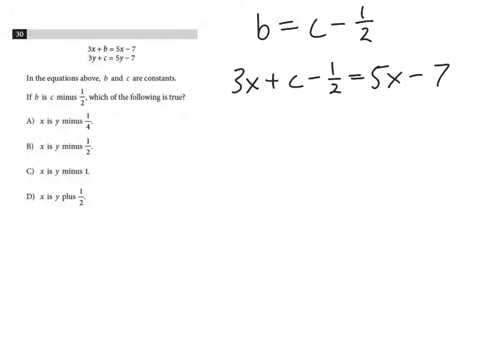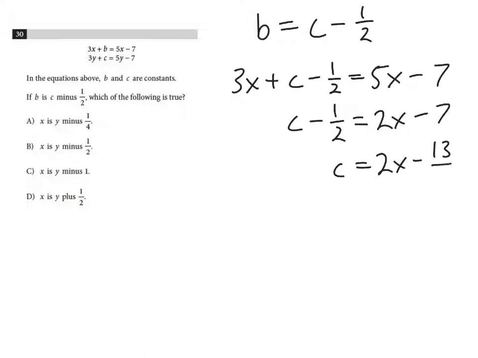I'm going to subtract 3x from both sides. I'll get C minus 1/2 equals 2x minus 7. Add 1/2 to both sides, and I'm going to just convert this into a fraction. That's negative 14 halves plus 1 is negative 13 halves. Okay, so that's C. Well, now I can substitute that into my second equation.